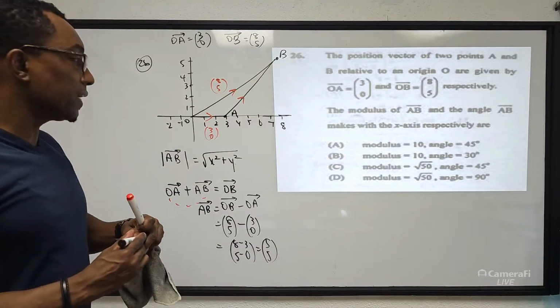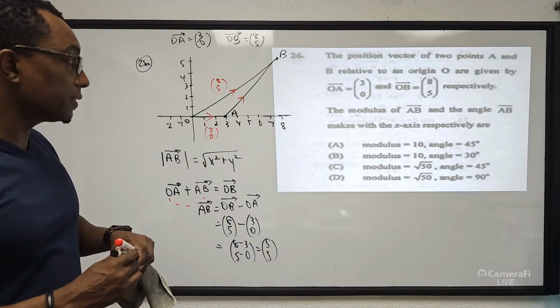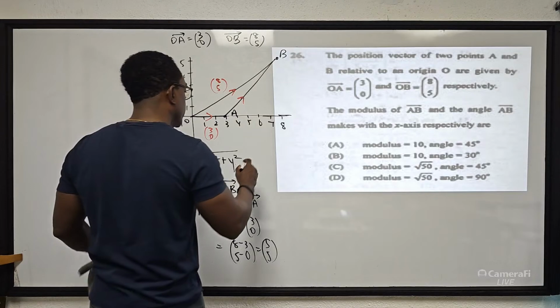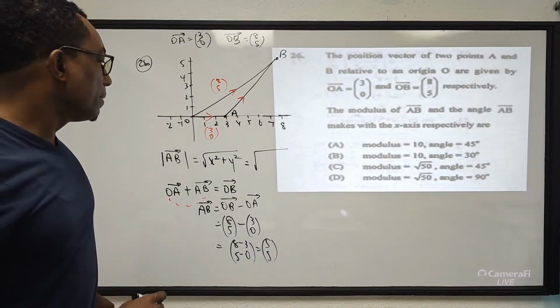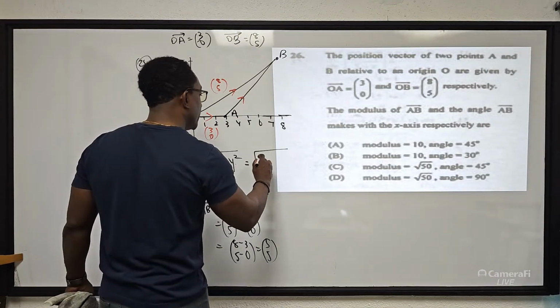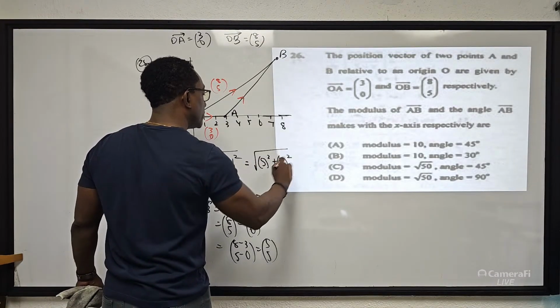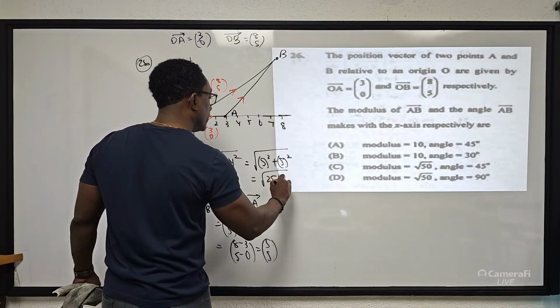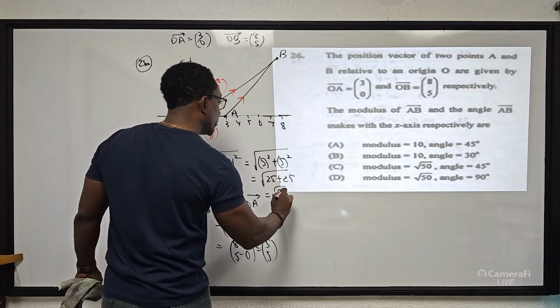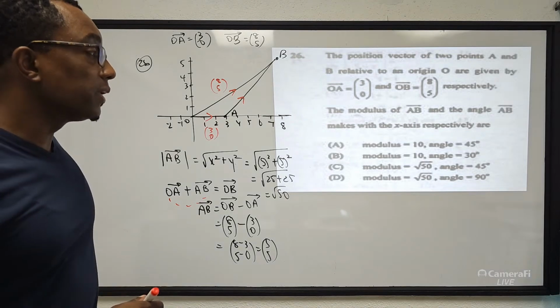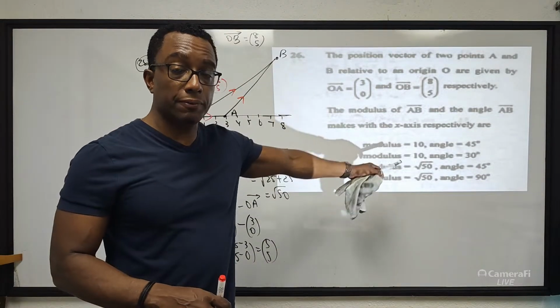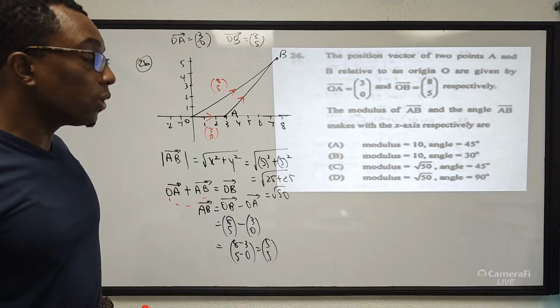So therefore, if you have to get the modulus of AB, the modulus of AB will be the square root of x squared, x which is 5, squared, y which is 5 squared, that's the square root of 25 plus 25, the square root of 50. So the modulus of AB is the square root of 50. So we're looking for the square root of 50. I'm seeing the square root of 50 as my modulus in two options.